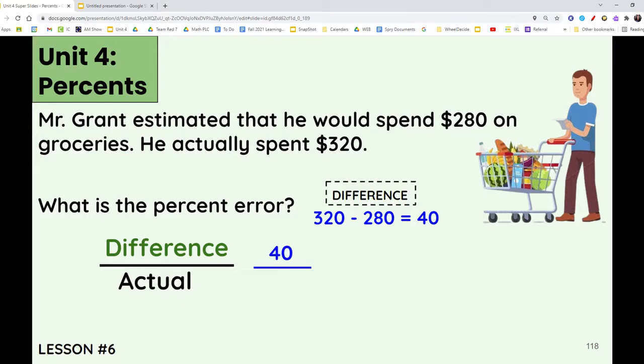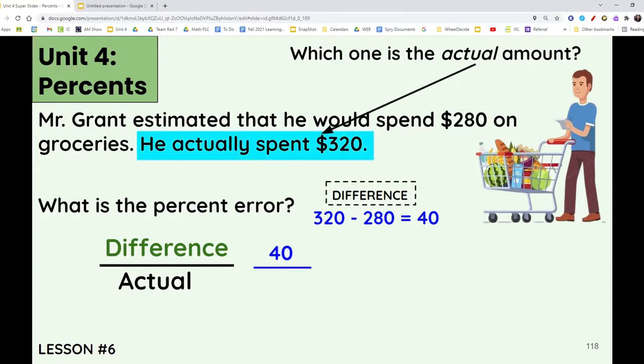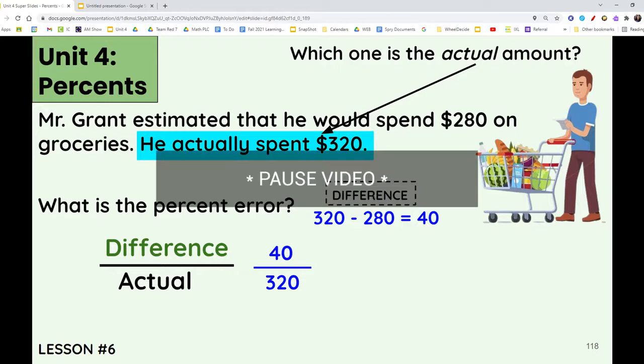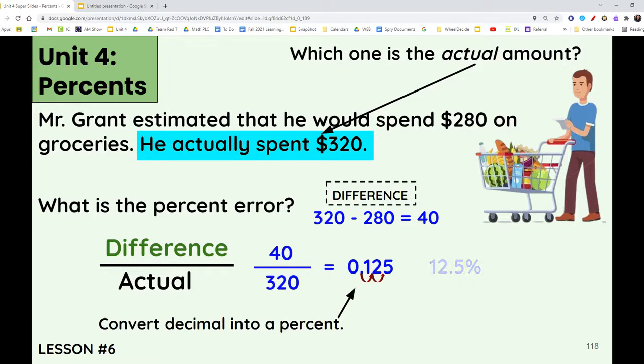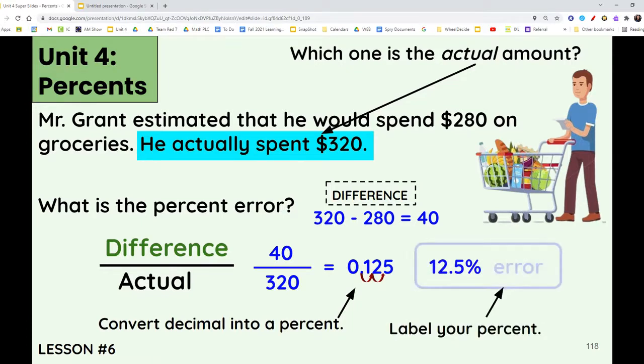He actually spent $320. So $320 would be the actual amount he spent. Go ahead and divide those two numbers on your calculator. All right, you should have gotten 0.125, which when we turn into a percent, that is 12.5% error.